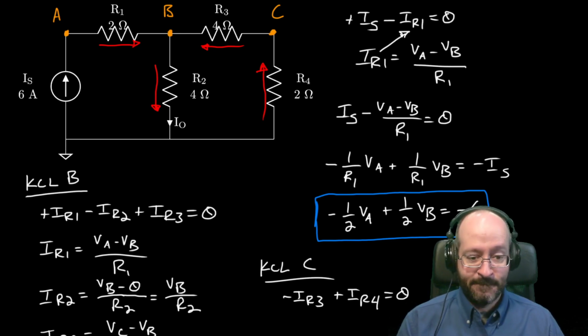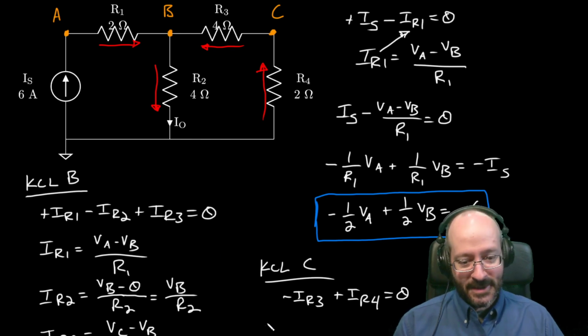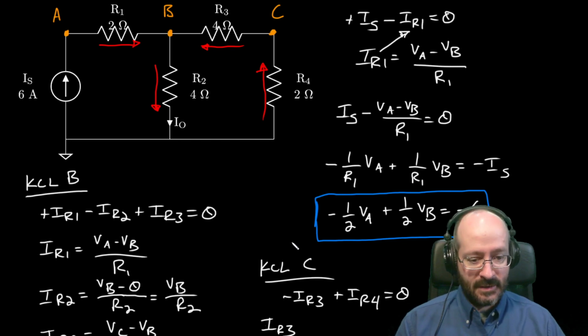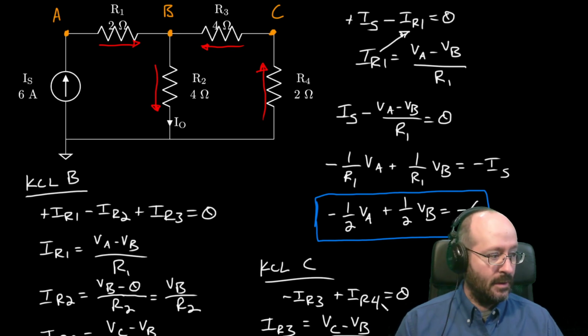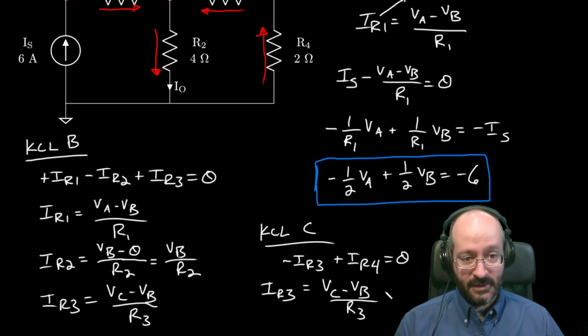Okay, IR3 is going to be VC minus VB over R3, right, voltage at the tail minus voltage at the tip, over the resistance.